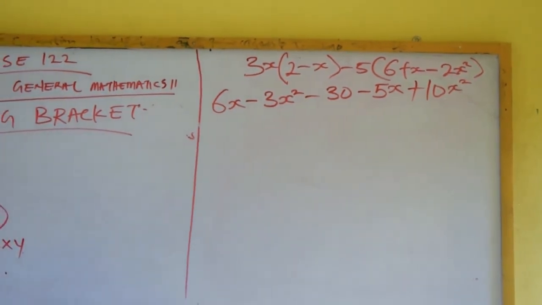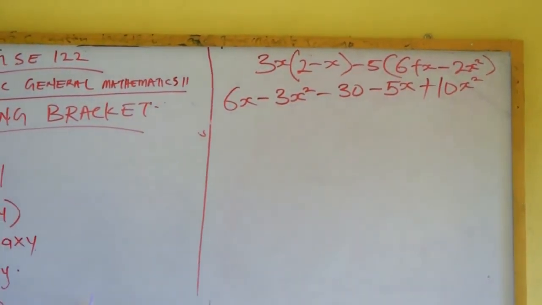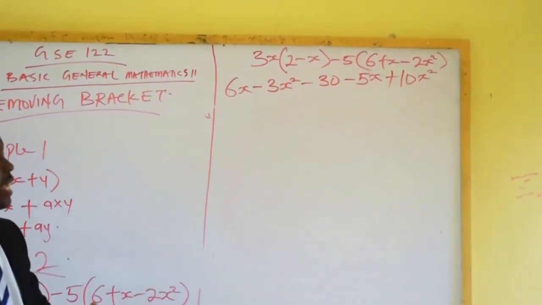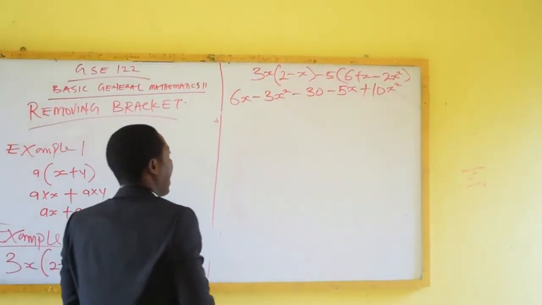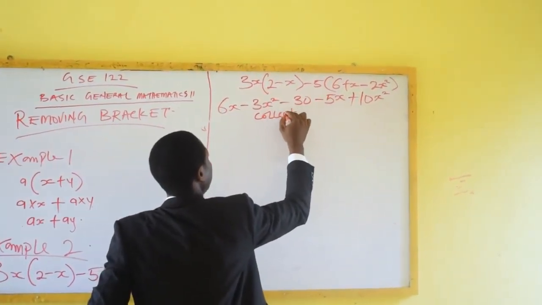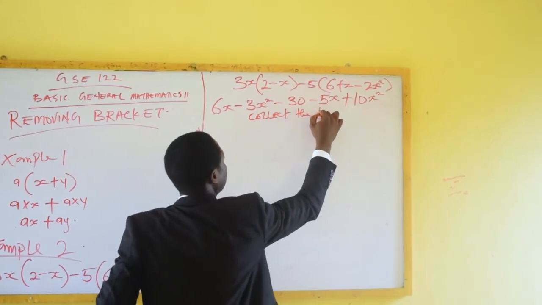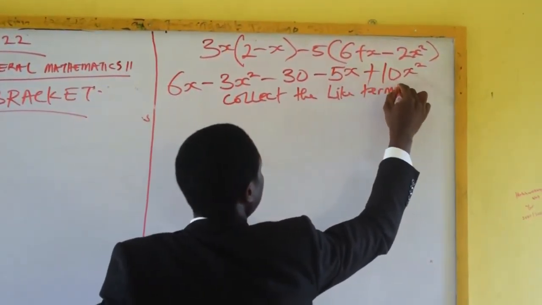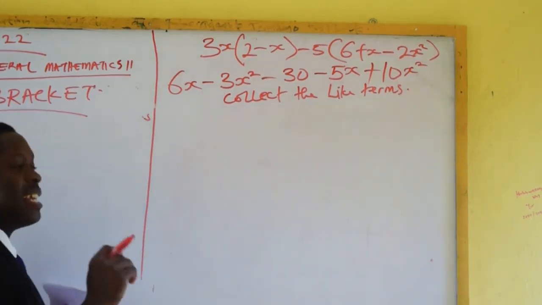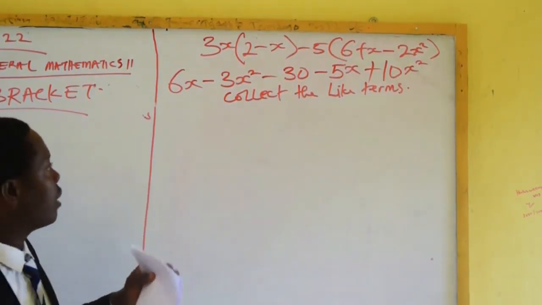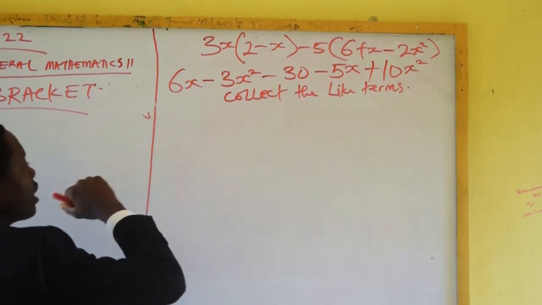We can move on. Now, what we need to do now is to collect the terms that are related, or you call it like terms. Collect the like terms. Now start with the one that has the highest degree. Now the x squared has the highest degree. Now let's start with the one that has positive.